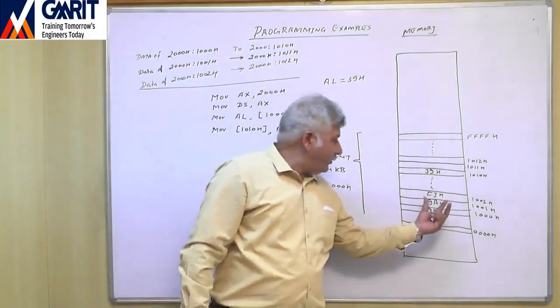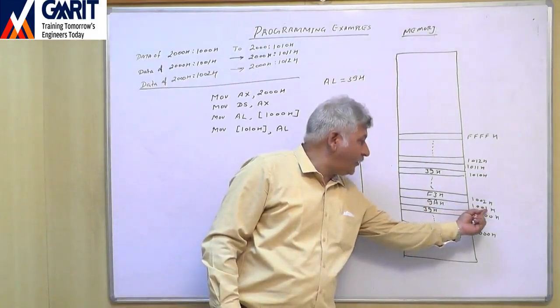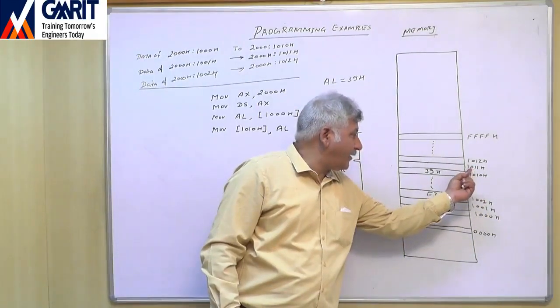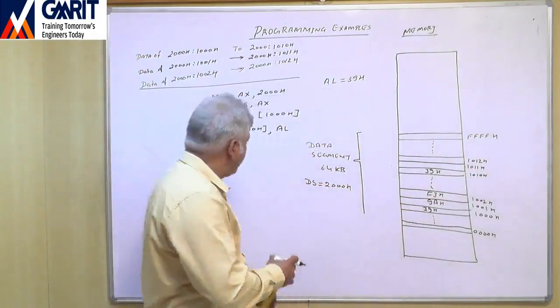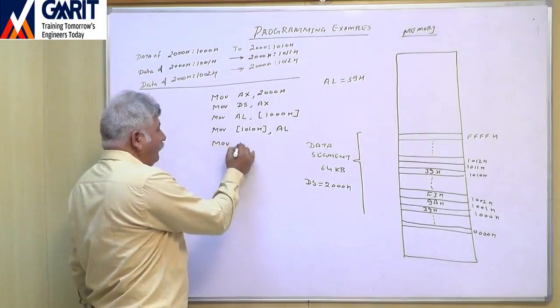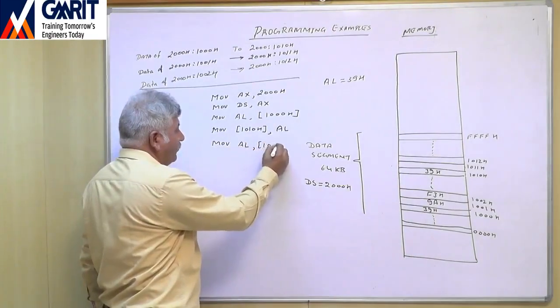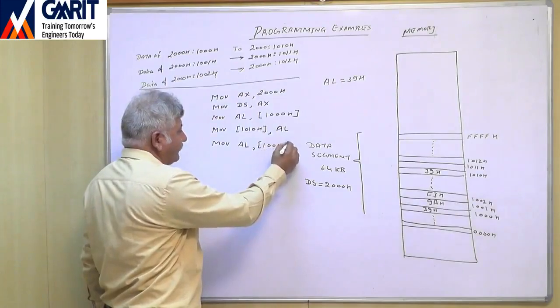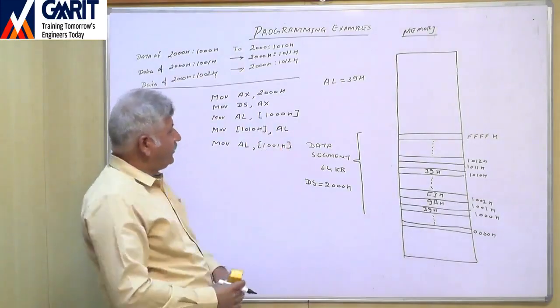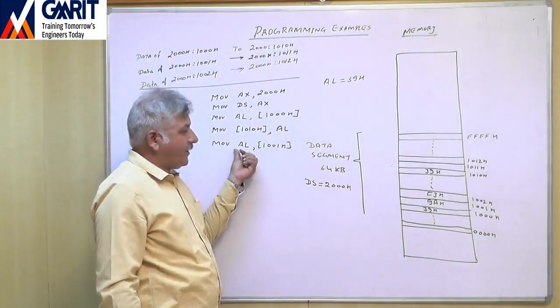Now we have to transfer the second 8-bit number, which is at offset address 1001, to the new offset address 1011H. So we can follow the same process. MOV AL, [1001H]. Now with this instruction, the data at offset 1001 will be moved into AL.